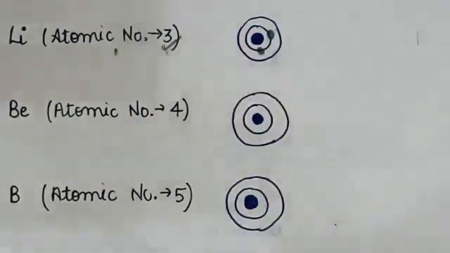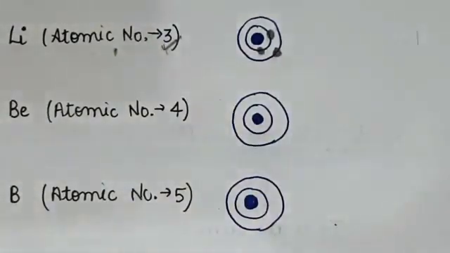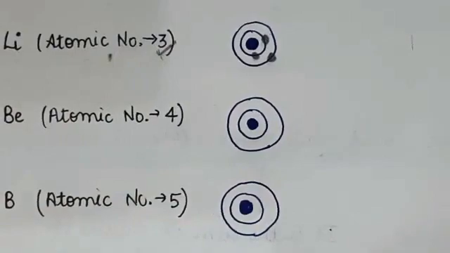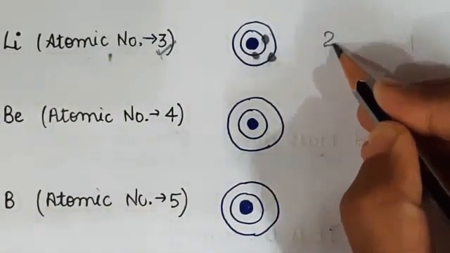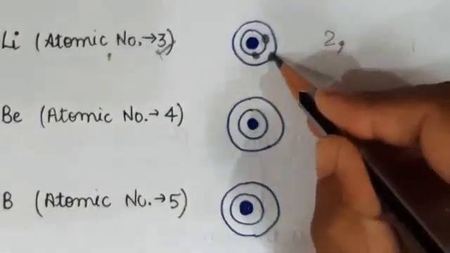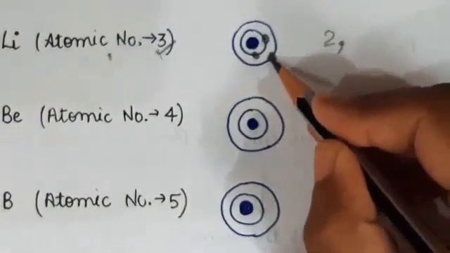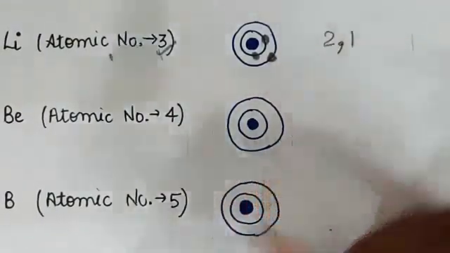Only 1. So 1 electron in the second shell. So what is the electronic configuration? It is 2 in the first shell, comma, 1 in the second shell. So 2, 1. This is the electronic configuration.